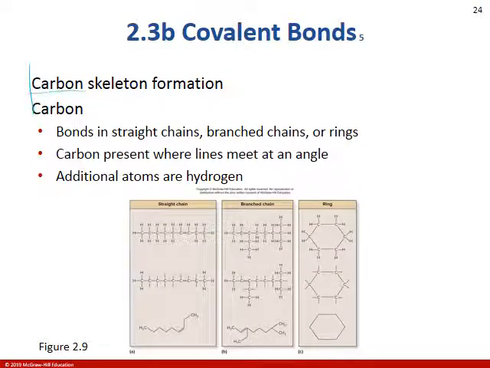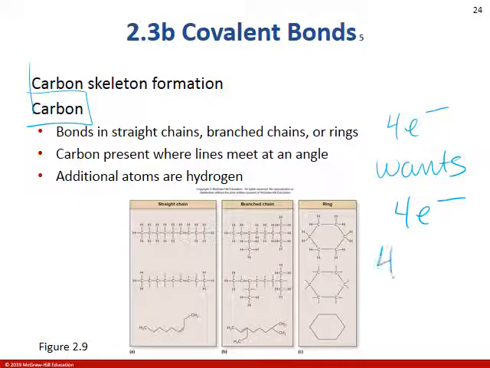So carbon is very versatile. Carbon has 4 electrons, and it wants to share 4 electrons with 4 other atoms. So you can make all different types of structures with a carbon skeleton. So you can see this is like a straight line, right?